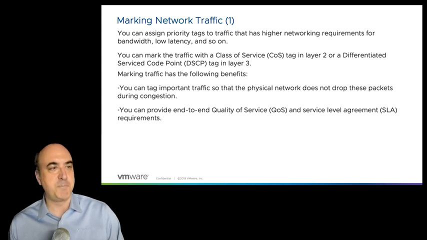Basically, if you've provided some high-level priority in the virtual network and you would like to continue on that same priority as it goes on to the physical network, we could do that by participating in whatever the customer's network is configured with, whether it's class of service or DSCP.